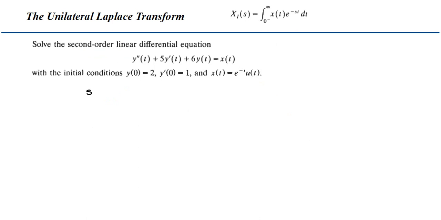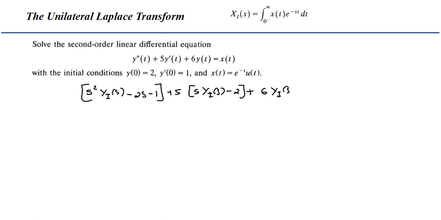It becomes s square into y of s minus 2s minus 1, okay, this is one term, plus 5 into s y of s minus 2, plus 6 into the unilateral Laplace transform y, is equal to 1 by s plus 1.